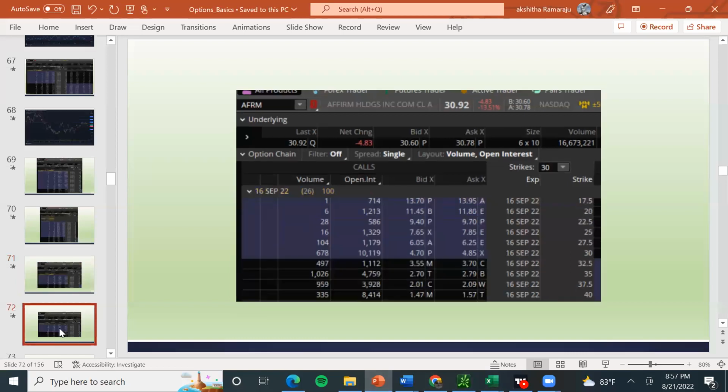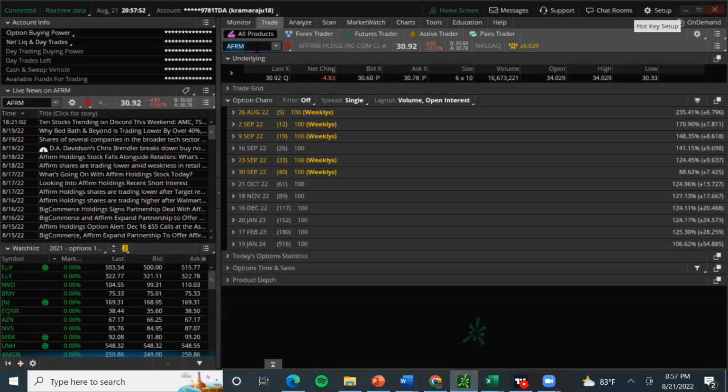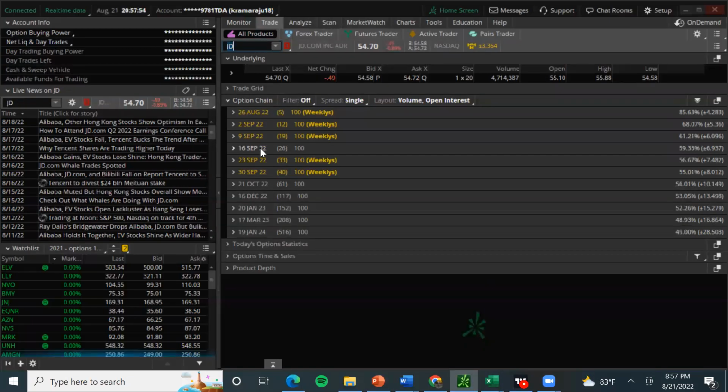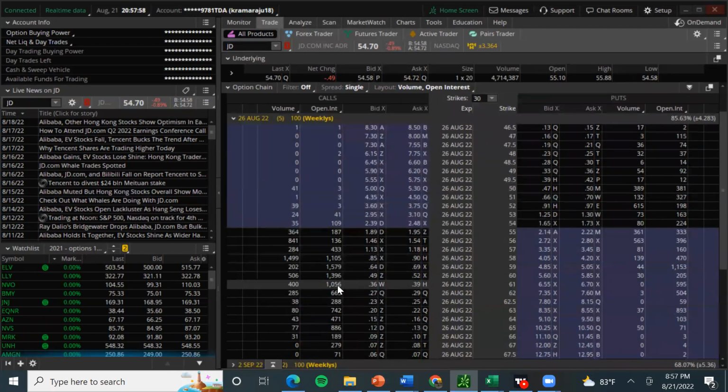Then we have JD. Right, if you look at JD, again, you can see huge volumes, huge option flow. Again, look at the news, right? It was beaten down, and JD is another one.